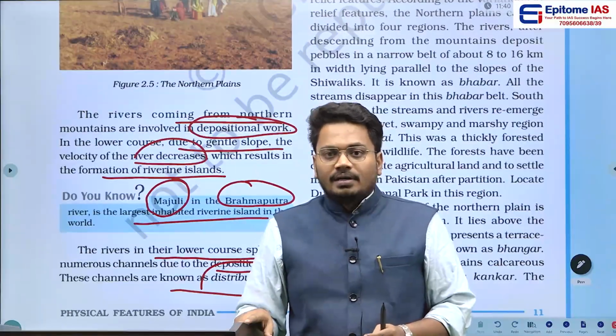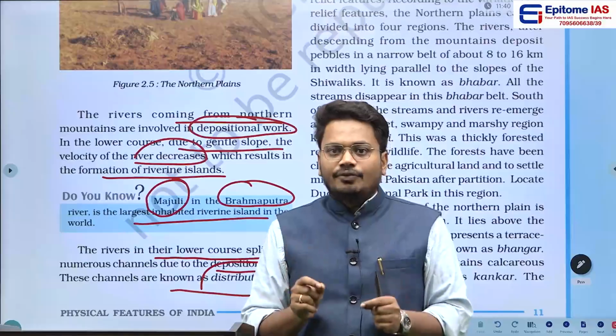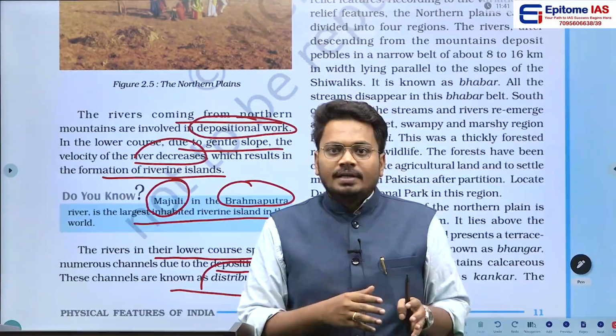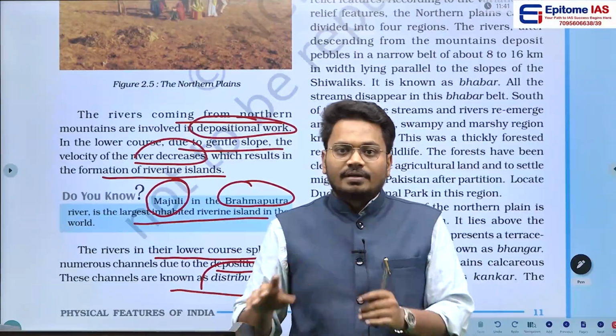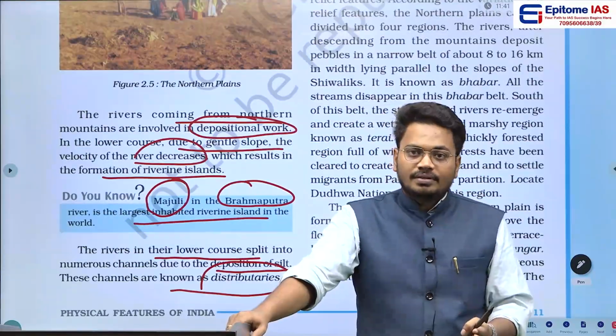Are you getting my point? Now, what is meant by distributary? A distributary is that kind of river or water flow which deviates or separates from the main river, right? So that is the basic difference between distributaries and tributaries, right?